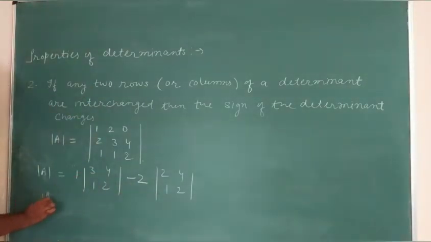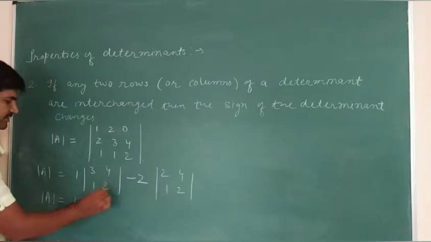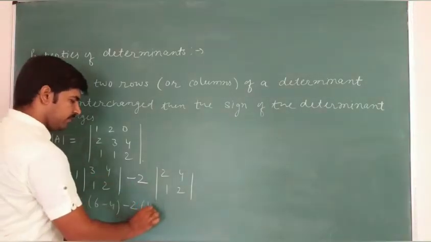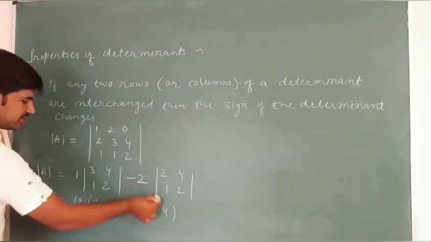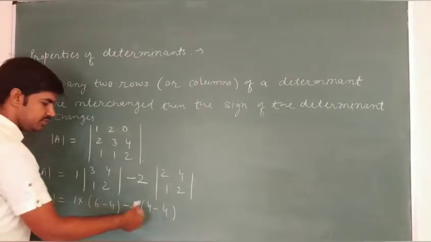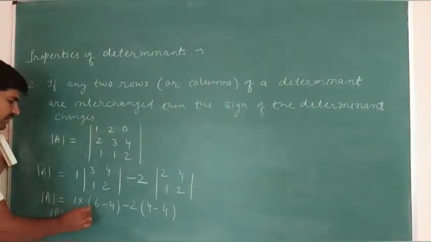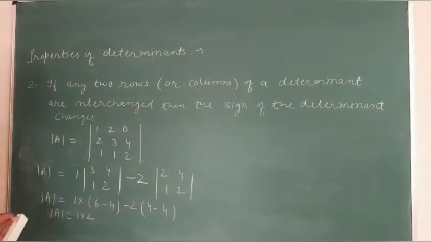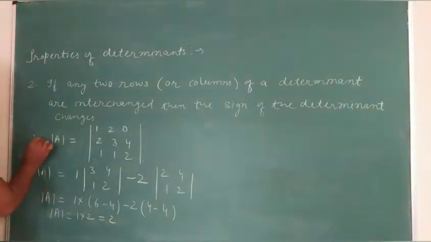Now determinant of A is equal to 1 times (6 minus 4) minus 2 times (4 minus 4). This term has also become 0. So determinant of A is 1 times 2, which is equal to 2. The value of this determinant is 2.